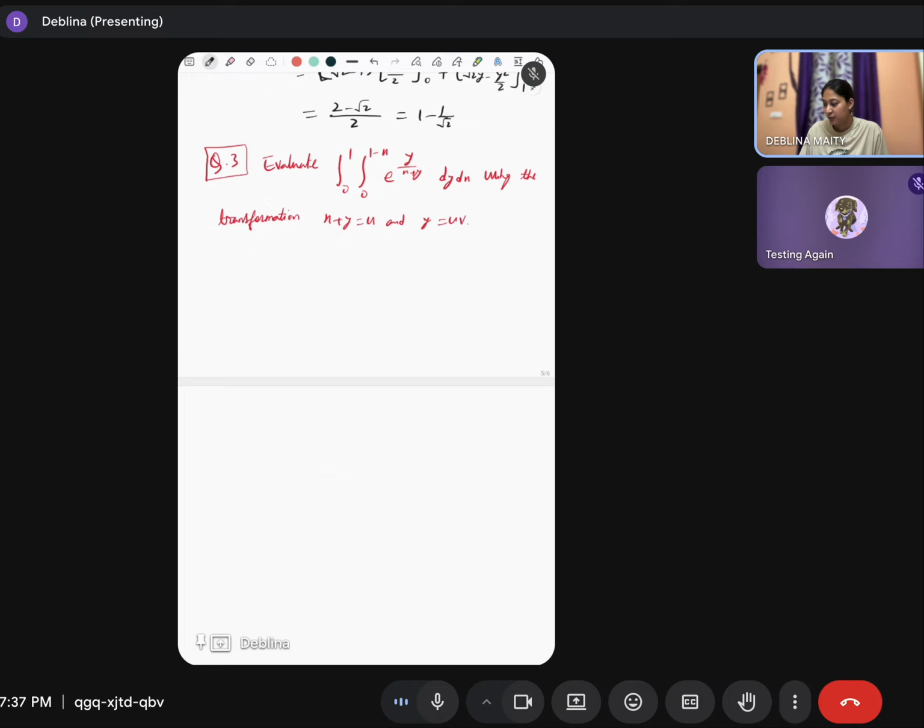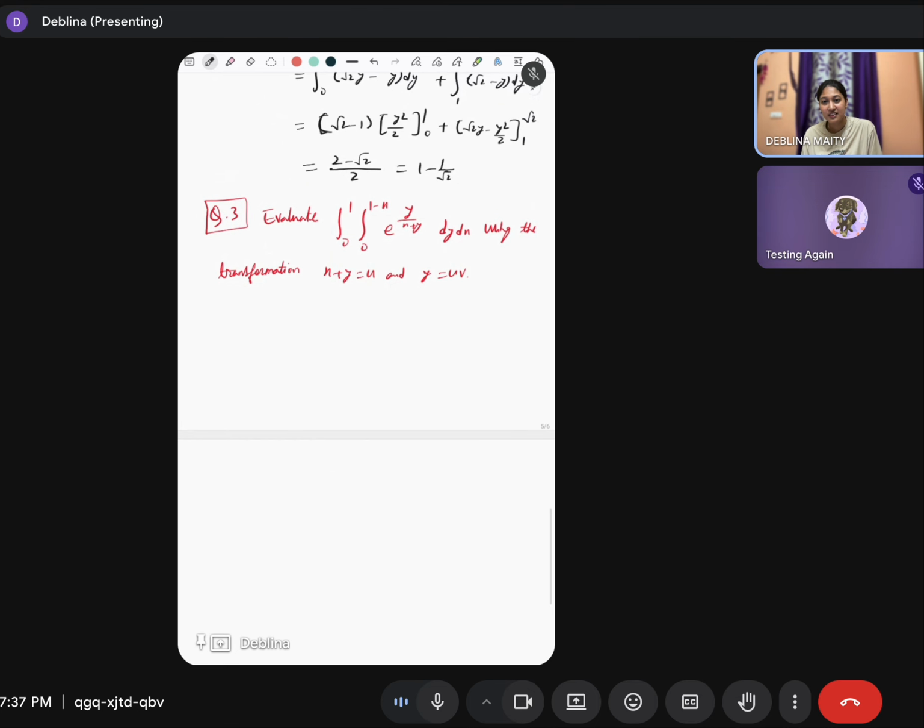So first, in changing variables, we have to find the limits and the Jacobian of the transformation, right? So what we have? We have x plus y equals u and y equals uv. So x is u minus y, and y equals uv, right?